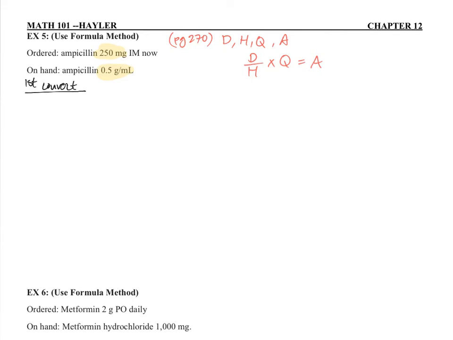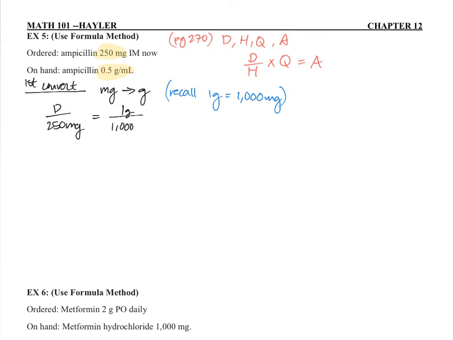We need to go from milligrams to grams because we have grams on hand. Let's recall that 1 gram is equal to 1,000 milligrams. Converting for our proportion, we have D over 250 milligrams, which is what we're trying to convert from, equals our conversion factor, 1 gram over 1,000 milligrams. To save space, I'm going to indicate going that way with that arrow. This is an indication of that direction.